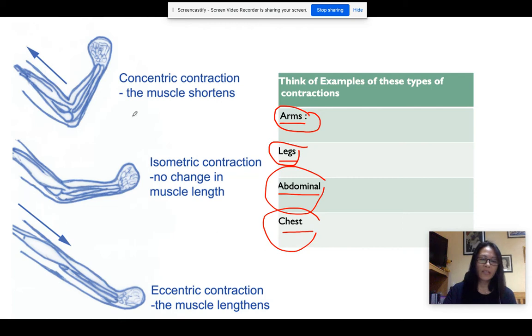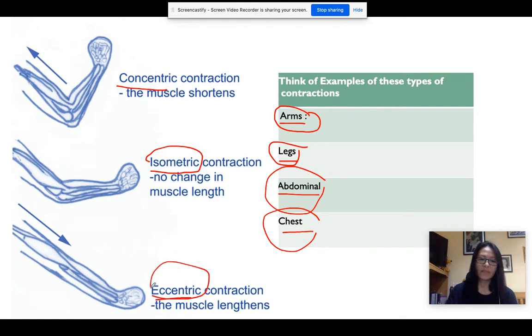That's concentric contraction. When you're doing the planking or the high plank, or just standing alone, that's isometric contraction. And when you are doing some stretches, that's actually eccentric contraction.